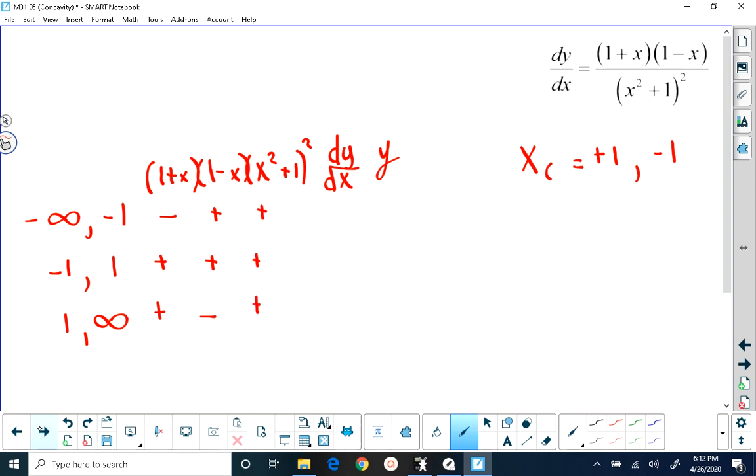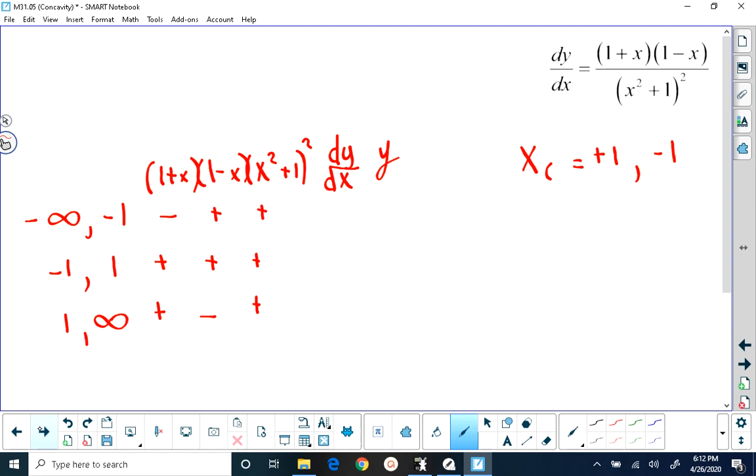Just to go through this briefly, you're putting in a negative if the factor that's indicated in that column is negative in the interval. So from negative infinity to negative 1, I'm saying 1 plus x is negative, because if I put a number from that interval in there, I will get negative. As soon as I pass negative 1, that first factor becomes positive.